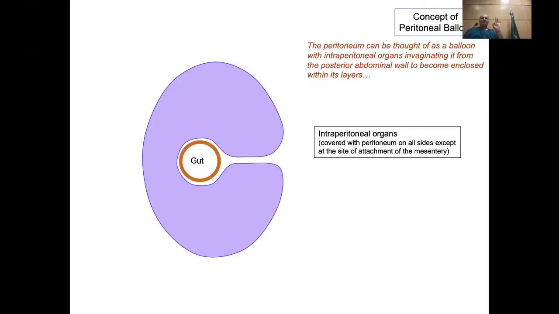So the basic concept is, you have now seen what an intraperitoneal organ is. Is it inside the peritoneum? Is it inside this balloon? No. But I call it an intraperitoneal organ because it drags a mesentery. Why does it need a mesentery? It needs a mesentery, a ligament, an omentum for getting its blood supply.